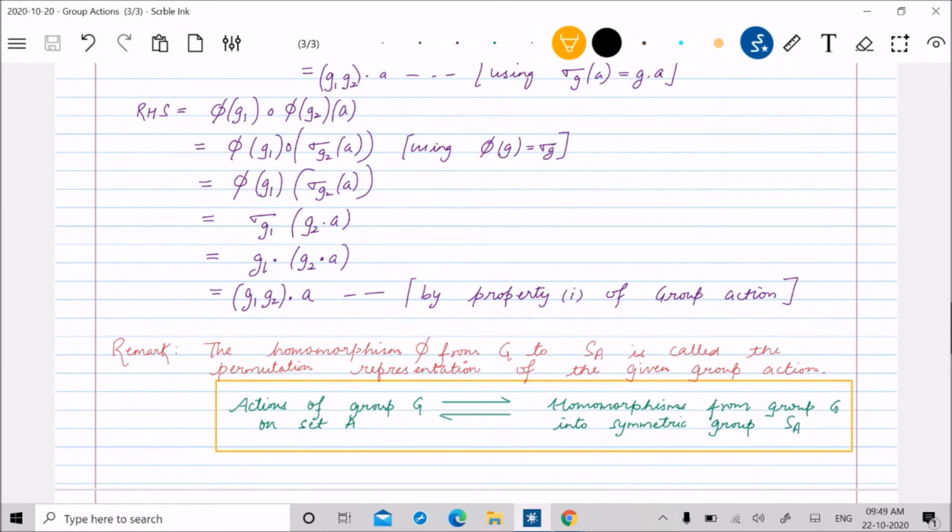Okay, this is what a group action means, and there is always a bijective map between the actions of group G on set A (you can see that there are 4 actions) and the homomorphisms of G into the symmetric group SA. Those permutations are not just ordinary permutations, they are actually homomorphisms, and that is just because of those 2 postulates.